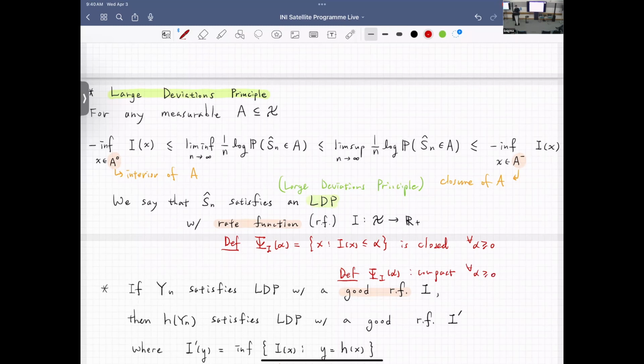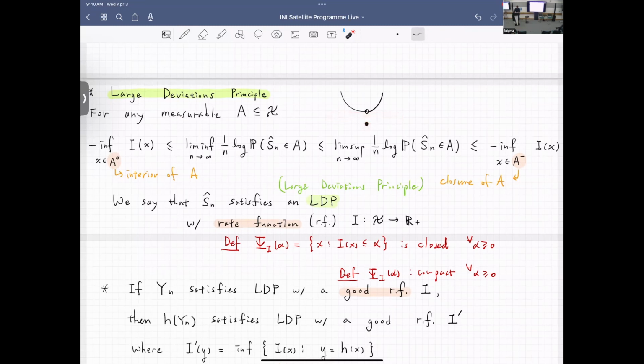if the sub-level sets are compact. Let me quickly point out what lower semi-continuity, or being a rate function, means. If your function looks like this, and here you can jump down, then this is still a rate function, because if you take the sub-level set here, it is closed.